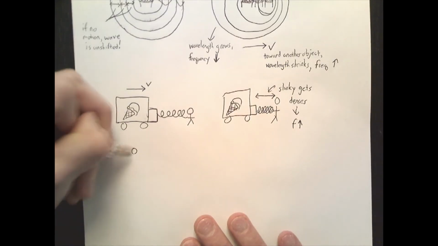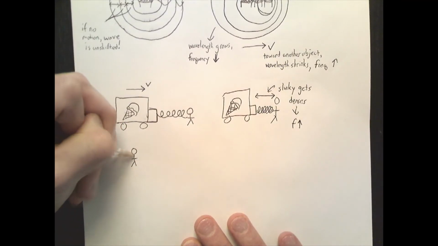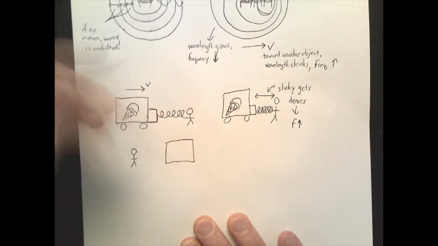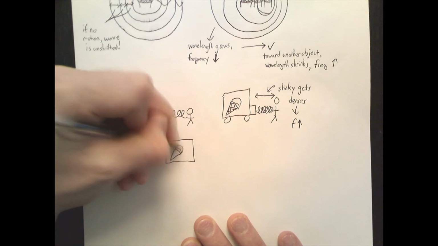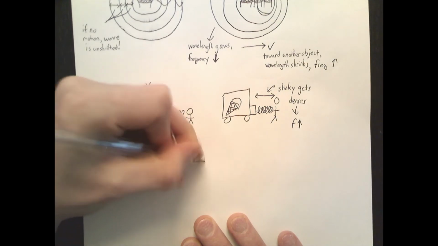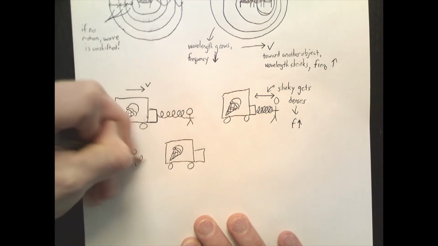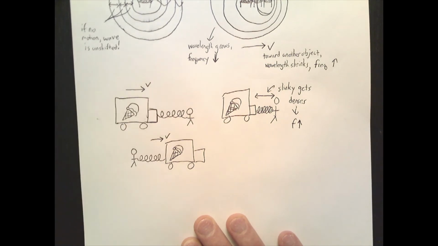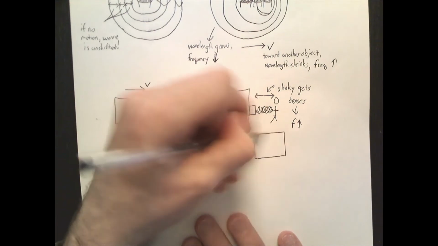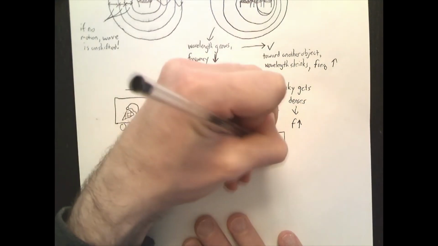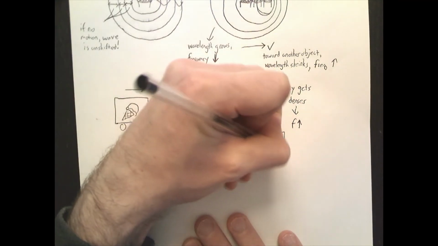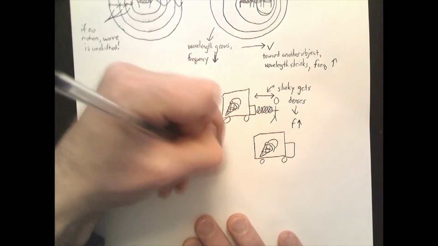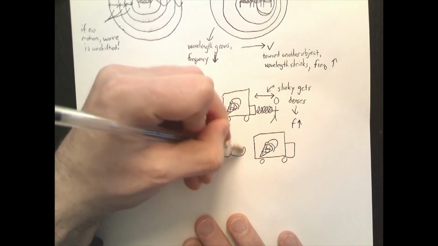Likewise, now, maybe the driver had a lot on his mind. He didn't see the kid there, and he drives past him. Here's our slinky again. The velocity is going to continue towards the right, and as the truck gets further and further away, that slinky is going to get stretched out.